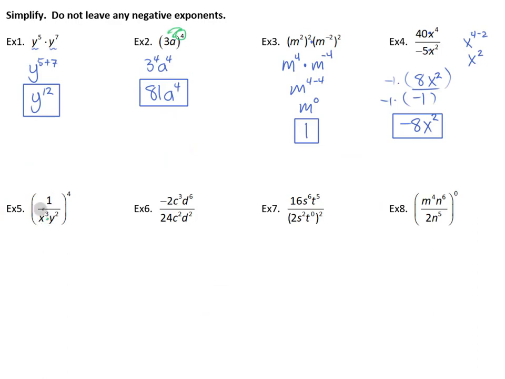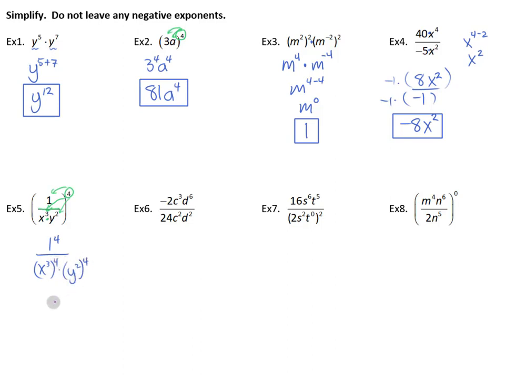So in this problem, because there is multiplication in the bottom and division, we're allowed to distribute our 4 as an exponent to everything. So the top is going to become 1 to the fourth power, and the bottom is going to become x to the third raised to the fourth, times y squared to the fourth. I wouldn't usually write this step, but just for our notes I will.